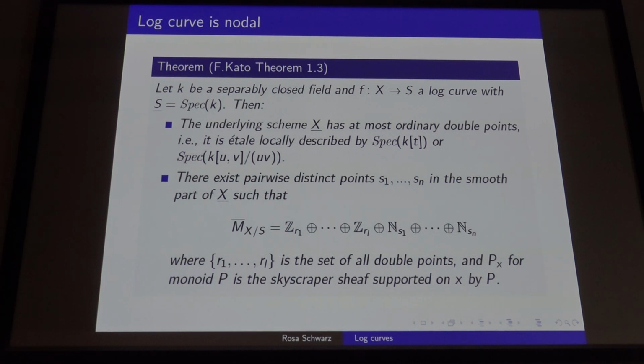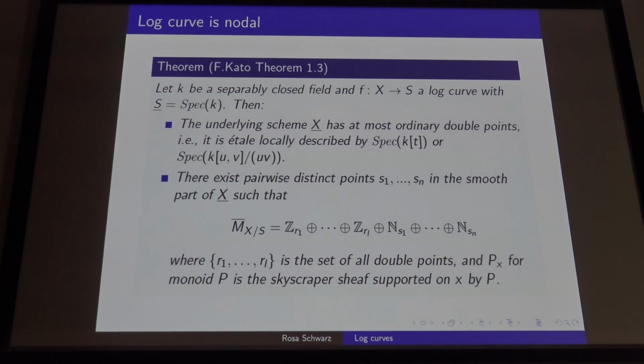So if you have a log curve over a separably closed field, then you know that the underlying scheme is nodal. So either it's locally described by the spectrum of k[t], or it's locally described by a nodal point, union of two axes. And also, moreover, you know something about the log structure, namely the relative characteristic. There are some points in the smooth part such that the relative characteristic will look exactly like this.